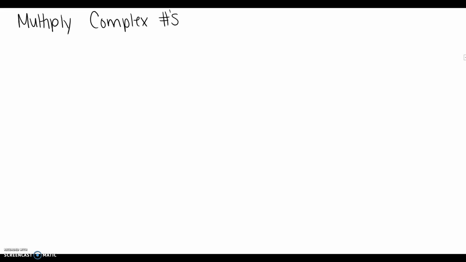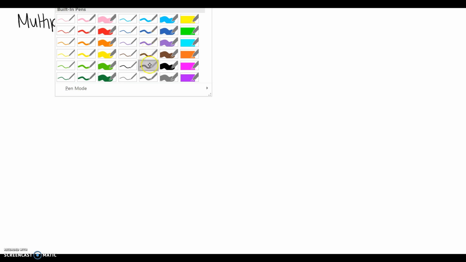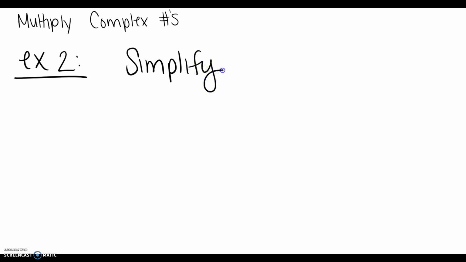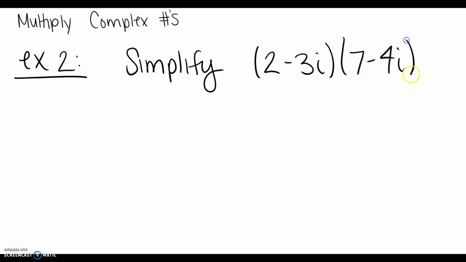Next is multiplying complex numbers. So multiplying is pretty straightforward, easy even. So this is example 2. Again, simplify. And let's just do one example. 2 minus 3i times 7 minus 4i.